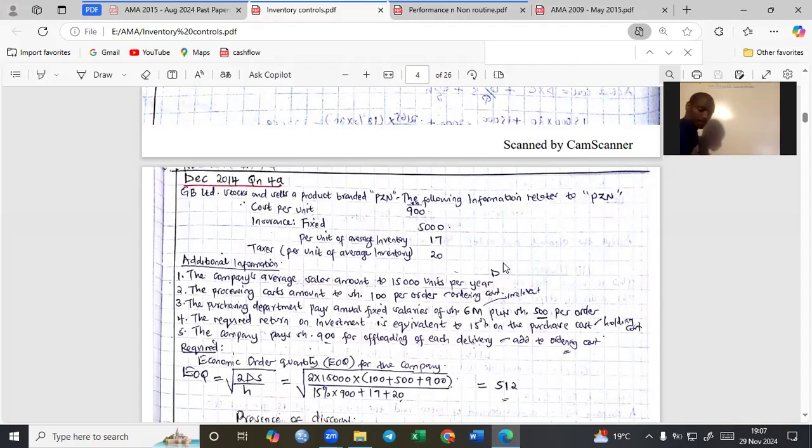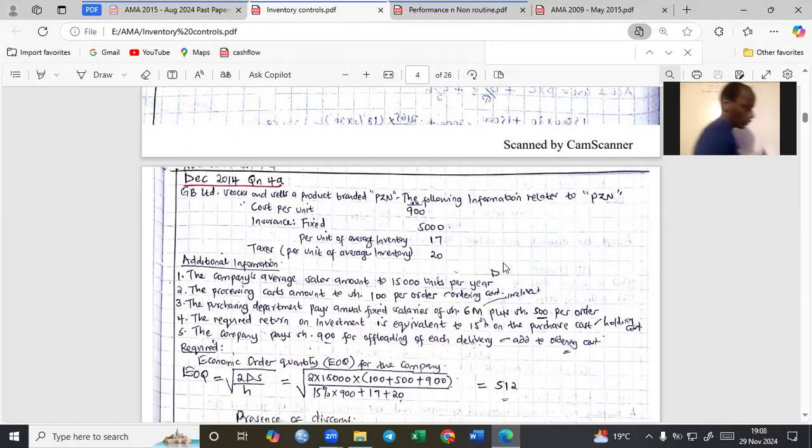Okay, now you can mute. Before I present my board, we know that our Q, which is our optimal order size, is equal to the square root of 2DCO over CH. Now I want you to give me those figures.